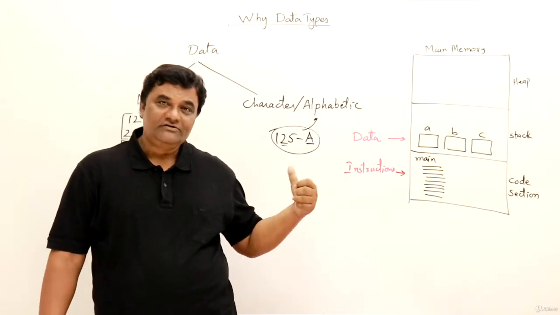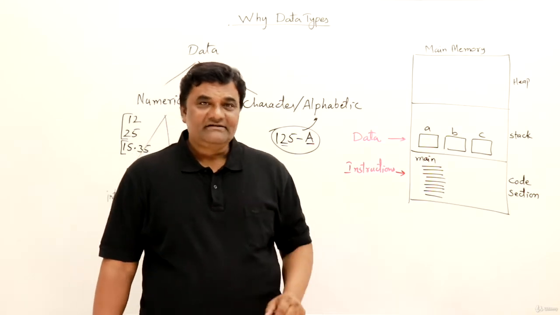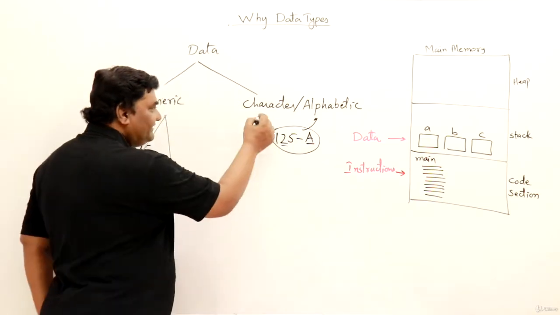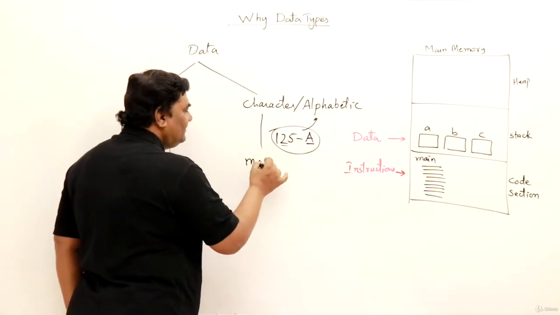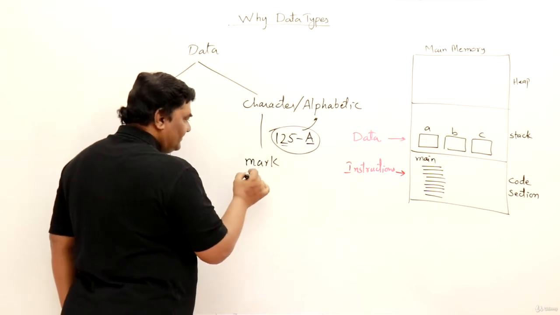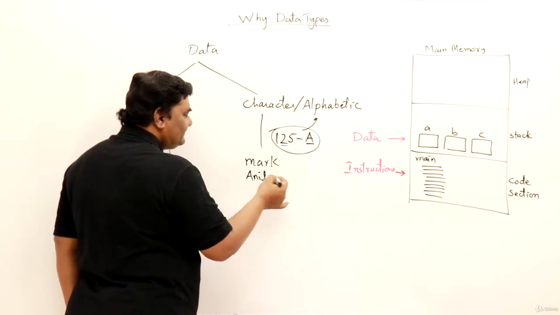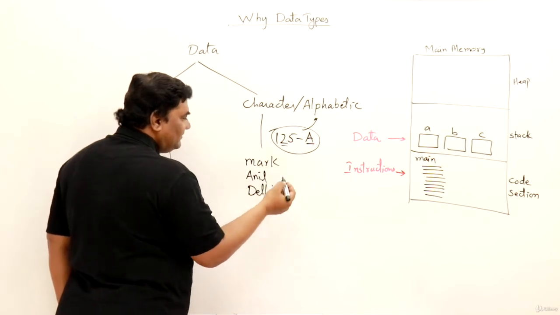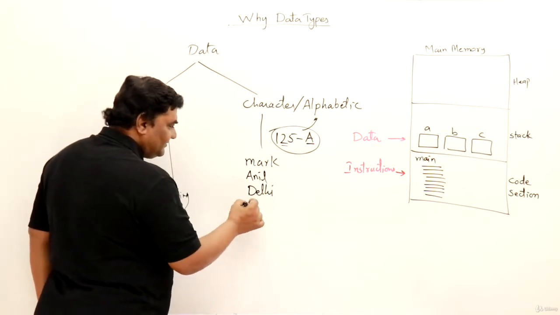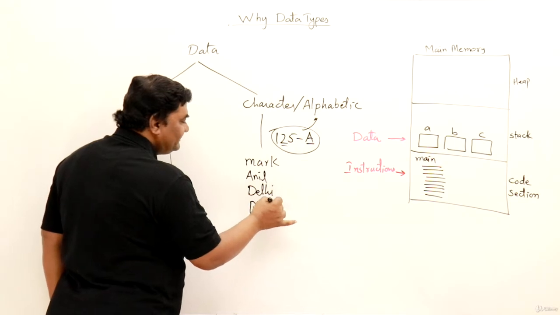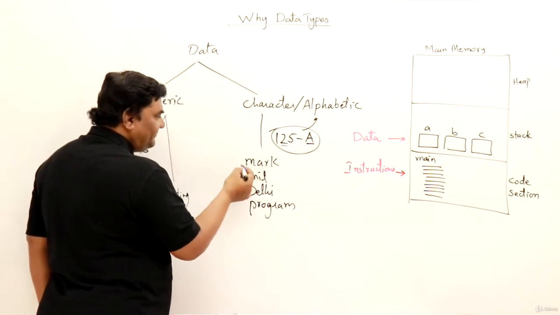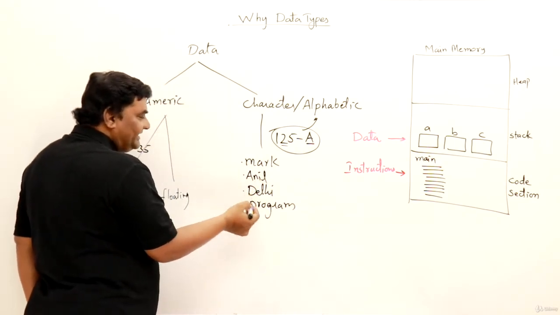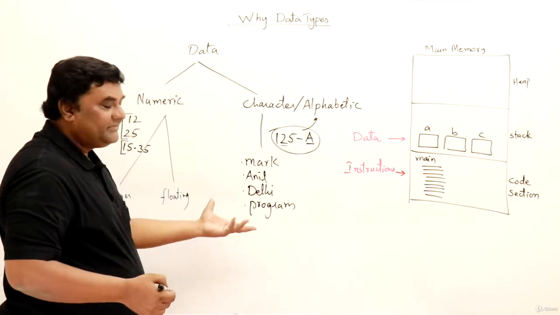Then next, coming to this side, that is characters. If I write a name, that is Mark or Anil, or the name of a place, Delhi, or any word, like program, it may be the name of a person, the name of a place, or any word from the dictionary.